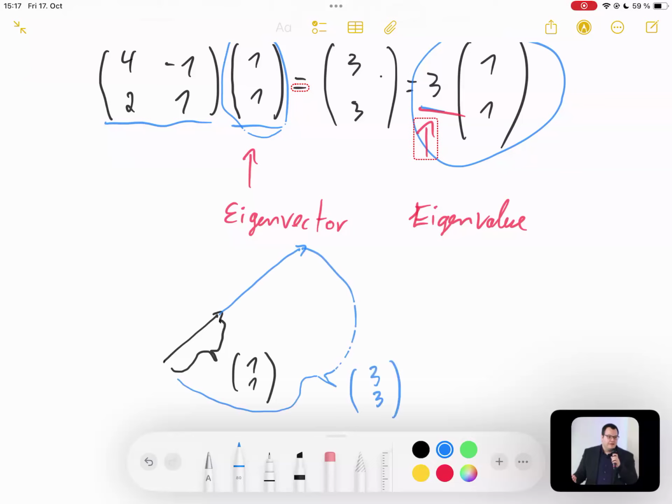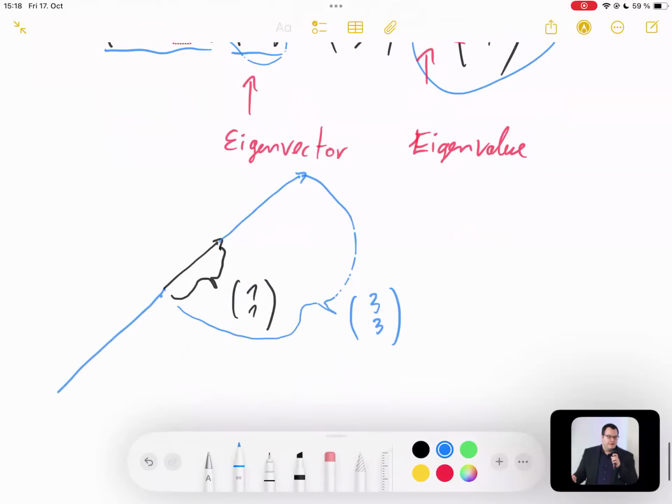So this vector 1, 1 becomes longer or shorter, because this factor here could also be, say, a half or a third. But we just change the length of the vector, not its direction. What can happen is if the eigenvalue is negative, say -3, we would just flip it. We just invert the direction, but we don't really change the angle or anything like this. So we just flip it to the opposite direction.